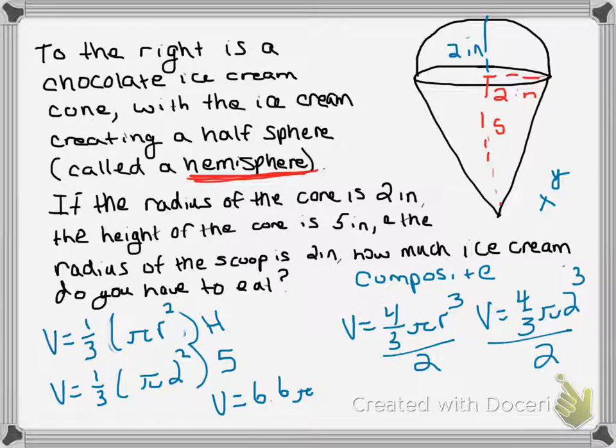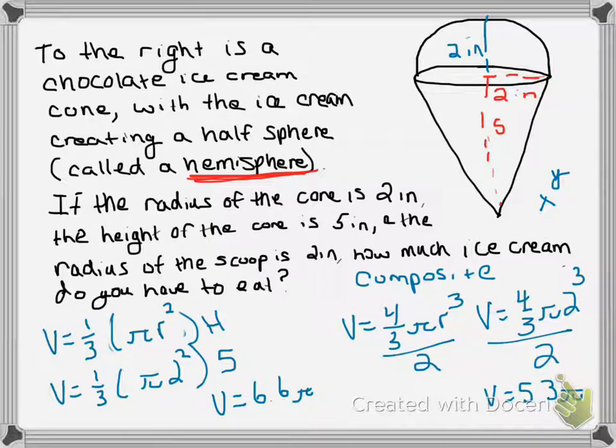So 2 times 2 is 4, then times 2 is 8. So we need to do 4/3 times 8, and then divide that by 2, gives me volume equals 5.3 pi.